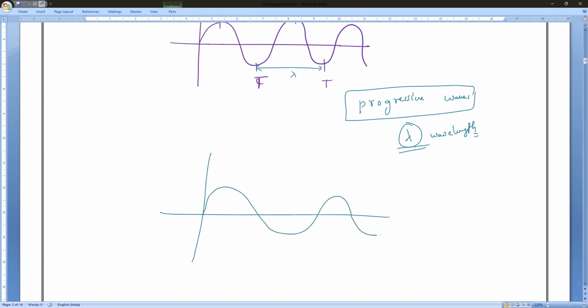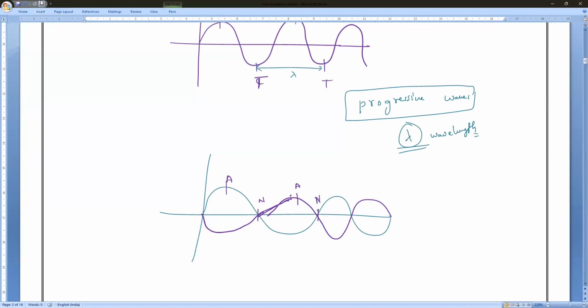One reflected wave and another the incident wave, so it is coming back. This is what we call a progressive wave. So node, antinode, node, antinode, and node.